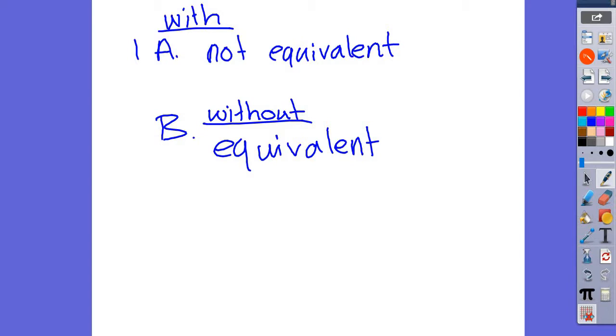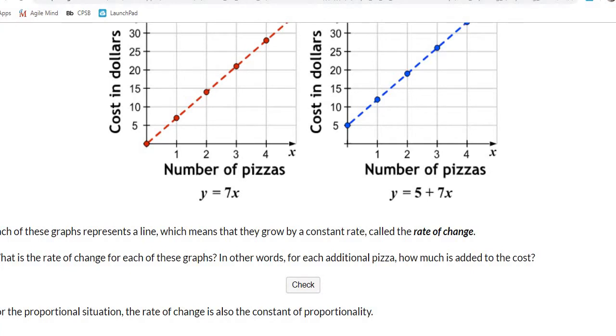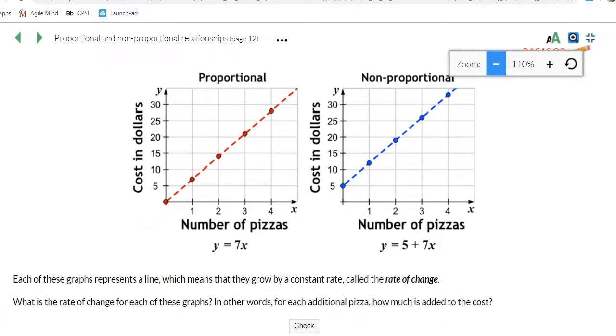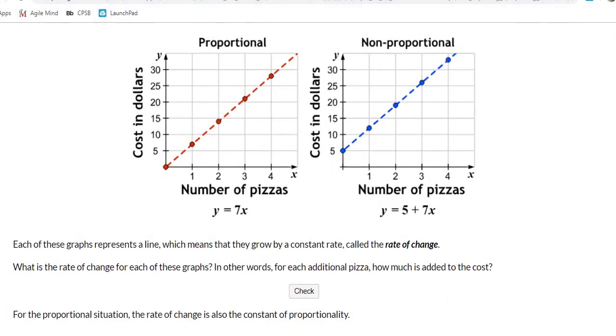All right, now we're ready for problem 2. And it looks like my recording is cutting out, so there we go. It says, each of these graphs represents a line, which means that they grow at a constant rate.